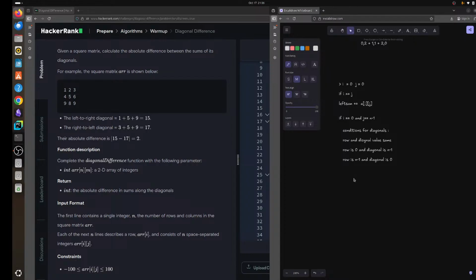If you are pointing at i equals 0 and j equals 0, where i equals j, what is the issue?